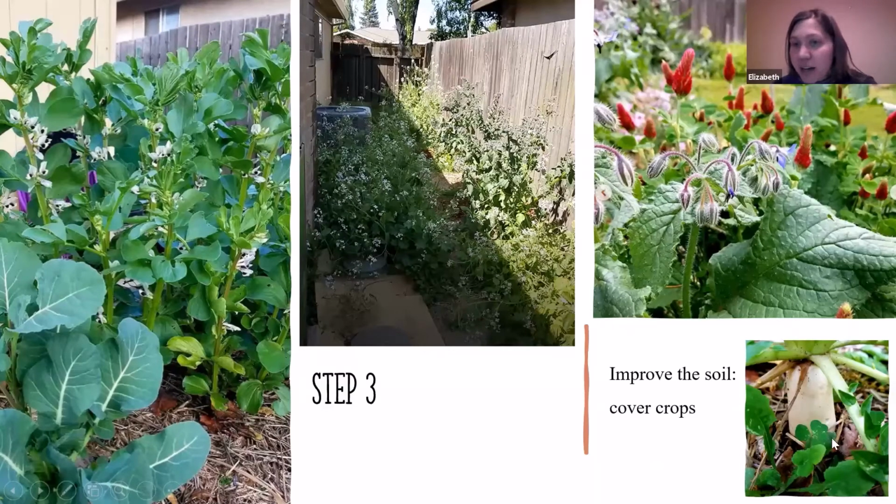And then daikon radish is another thing I've done to break up the compressed soil. The reason why that works is because the radish will drill down into the soil, and it creates this huge taproot that, when you cut it off at the ground level, will decompose and be food for microbes and worms and whatever else.